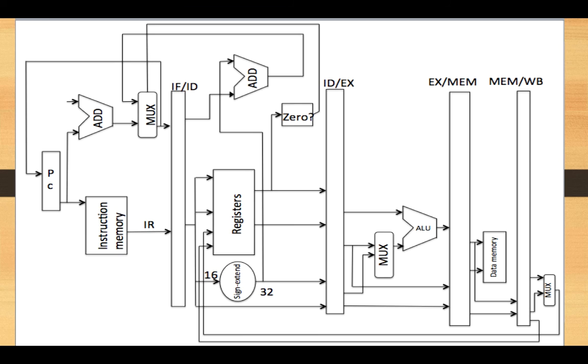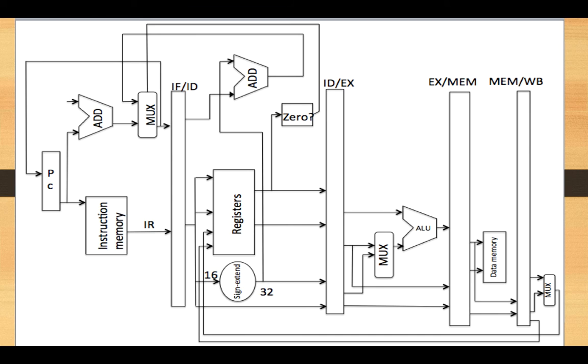Every instruction will take 4 bytes, so we give PC plus 4 to the adder. You can also change it in the code: you can give PC plus 4 directly, so you can avoid the adder block.